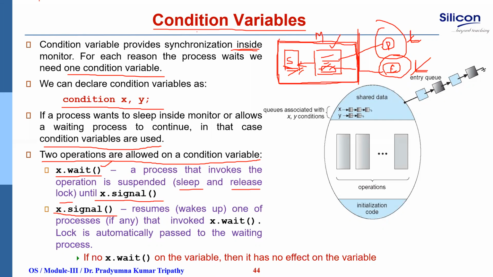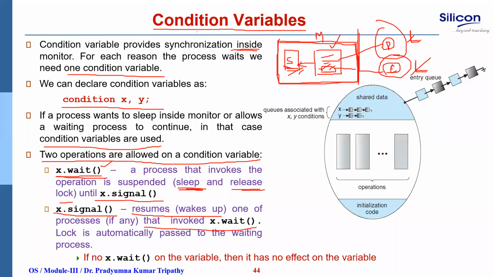Similarly, x dot signal will resume or wake up one of the processes that might be sleeping because the item resource was not found. It wakes up a process that invoked x dot wait and went to sleep, releasing the lock.